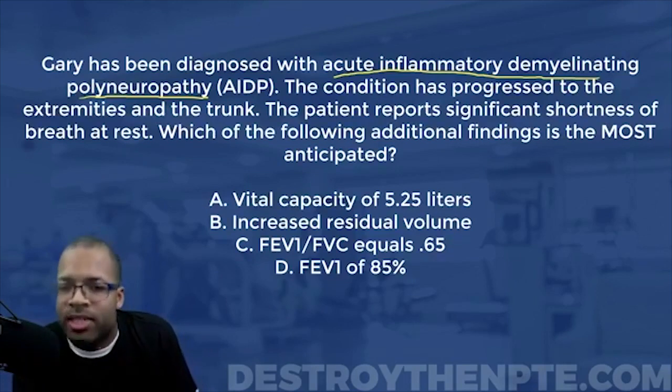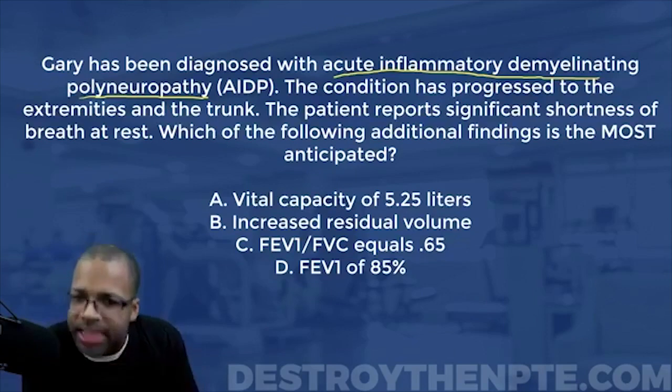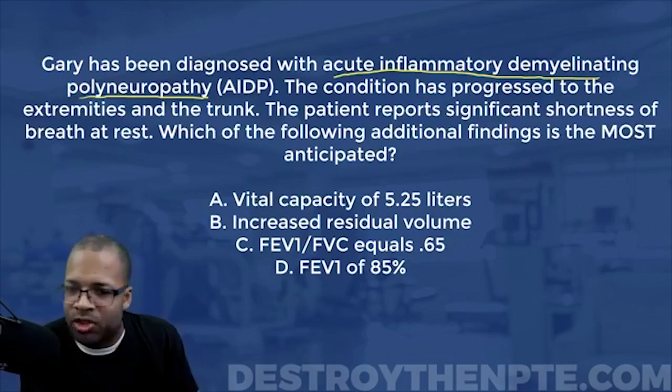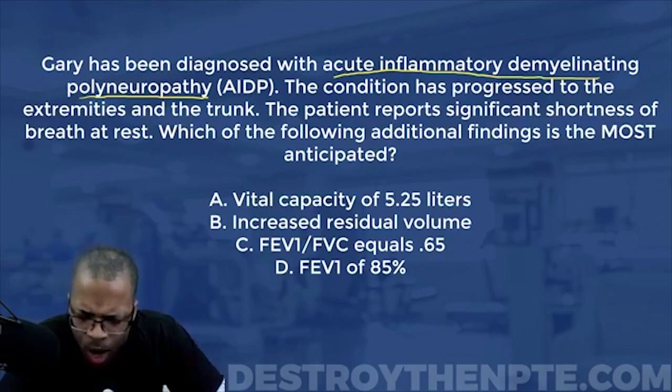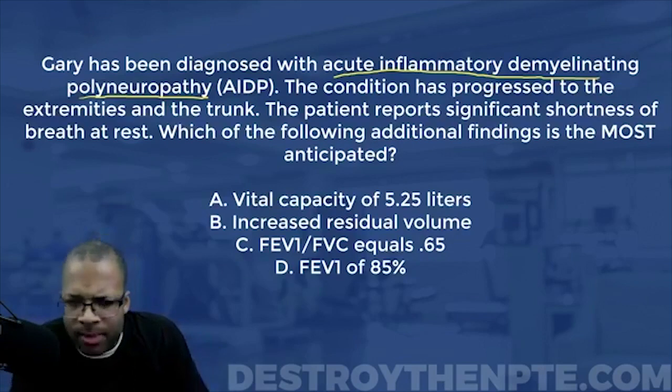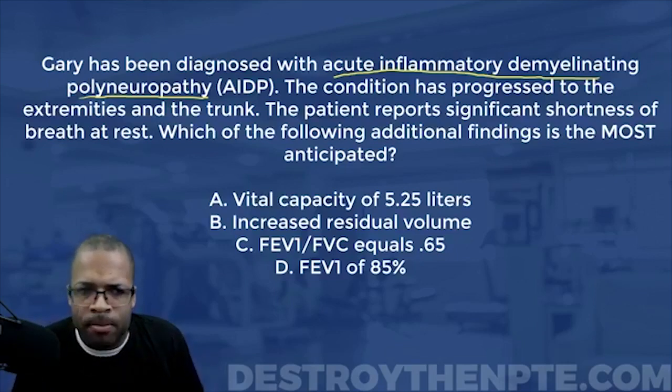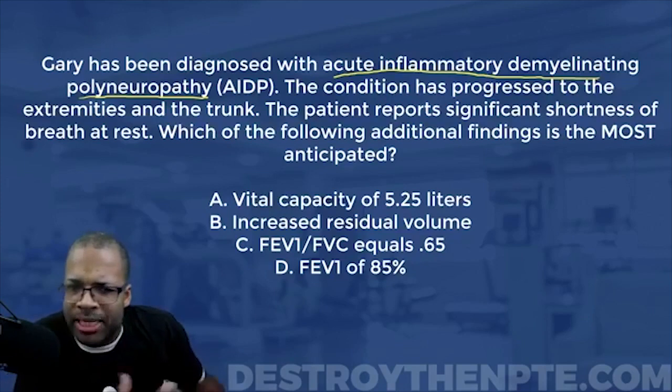Now, as we continue down the question, it says the condition has progressed to the extremities and trunk. Isn't that consistent with GBS? We have that ascending syndrome with a glove-and-stocking distribution. It starts in the feet, maybe the hands a bit as well, and then progresses towards the trunk, so it encompasses both the extremities and the trunk.